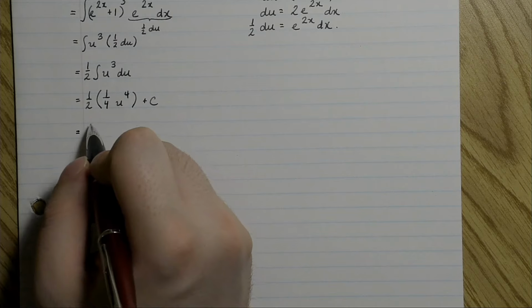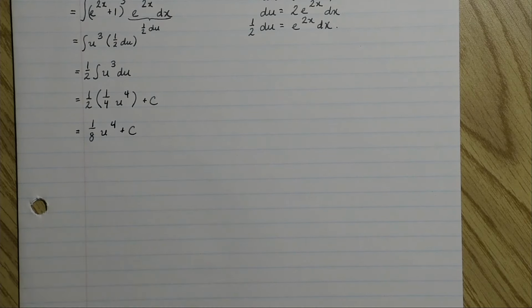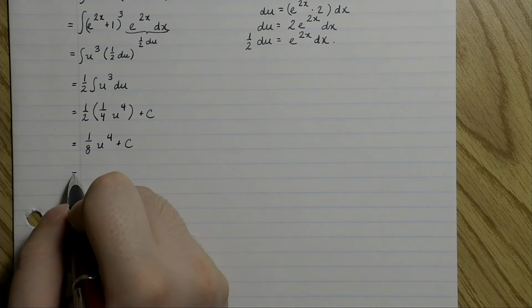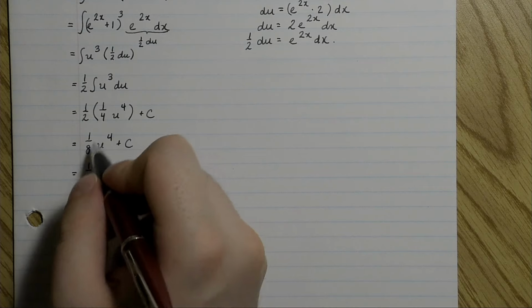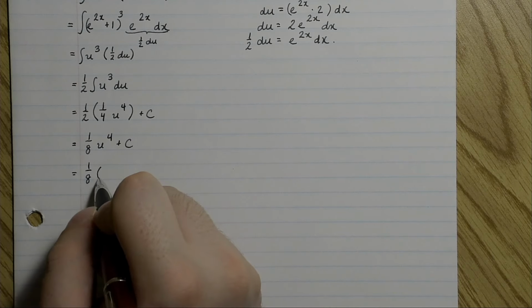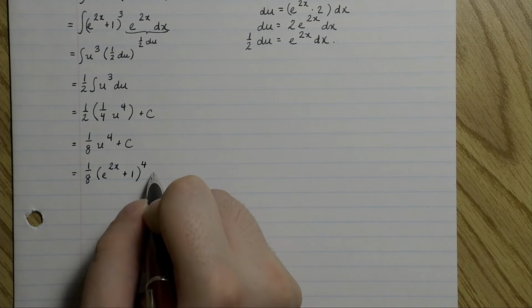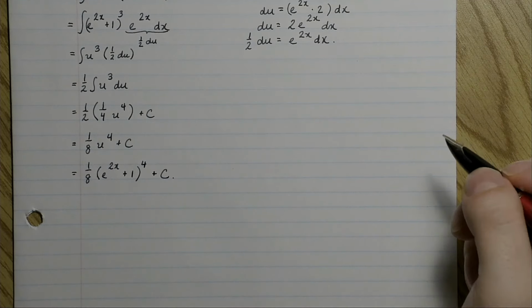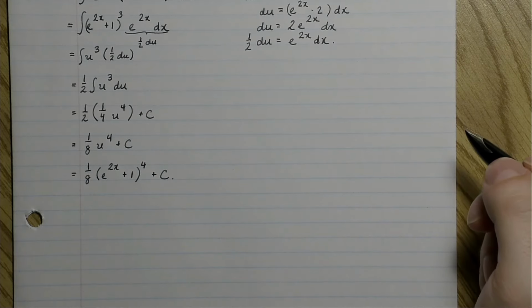And then 2 times 4 is 8. And then substituting in the function that I had for u, which was e to the 2x plus 1, all to the 4th plus c. And good, that's what is at the back of the book.